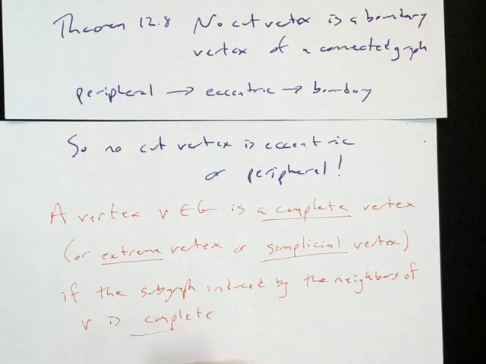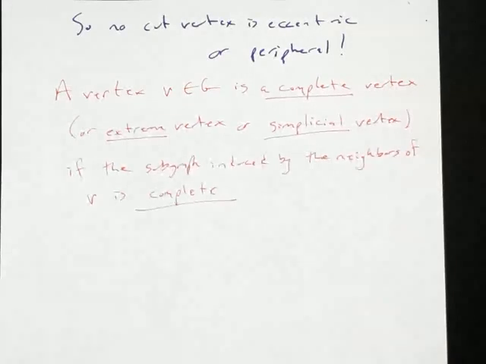A complete vertex is one whose neighbors form a complete subgraph.